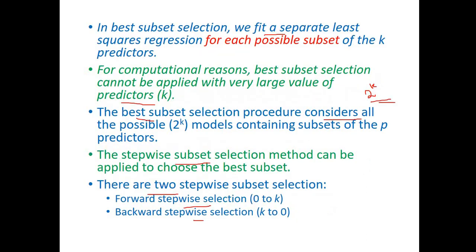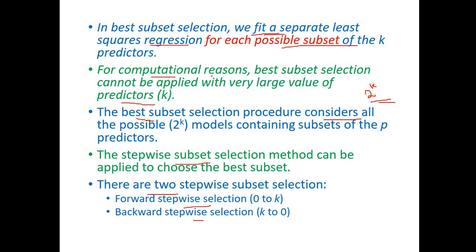Best subset selection. We fit a separate least square regression for each possible subset of k predictors. From that, we will choose the best one.